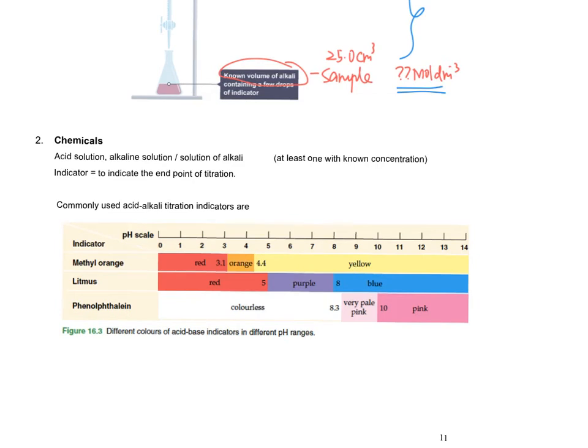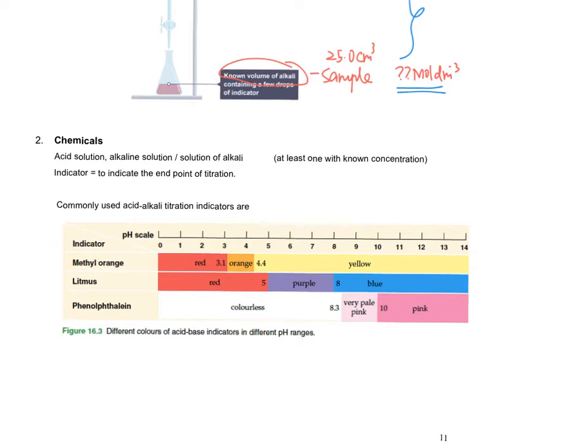Now, adding a few drops of indicator helps to indicate the endpoint of the reaction. Do you still remember the common acid-alkali indicators that we have learned before? You need to remember the color of the indicator in acidic medium as well as in alkaline medium.